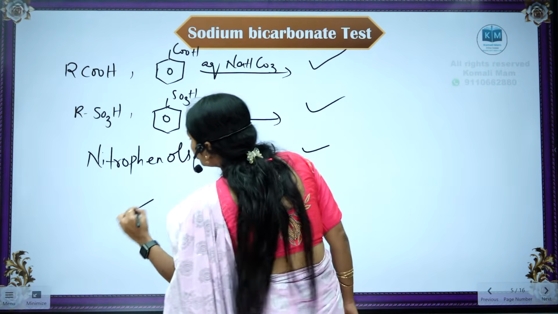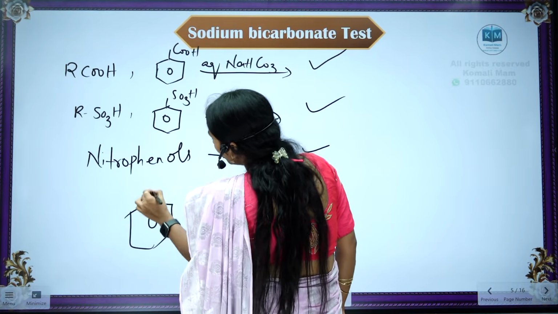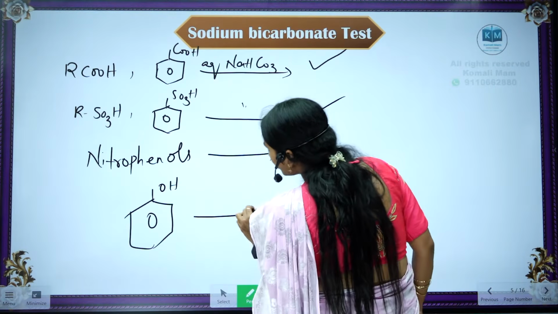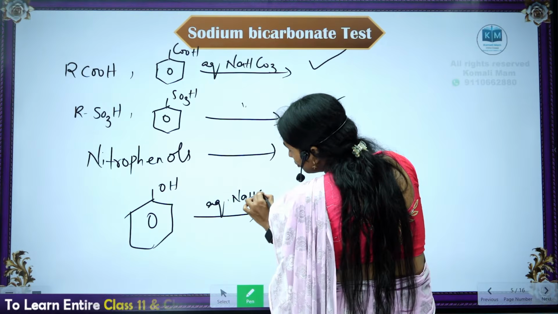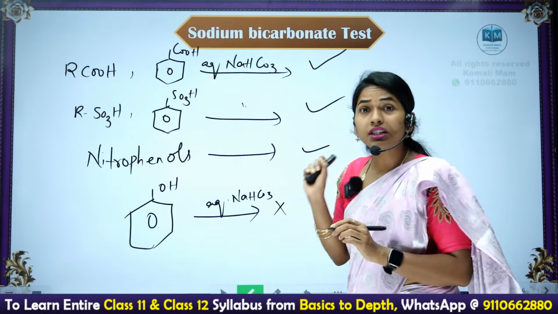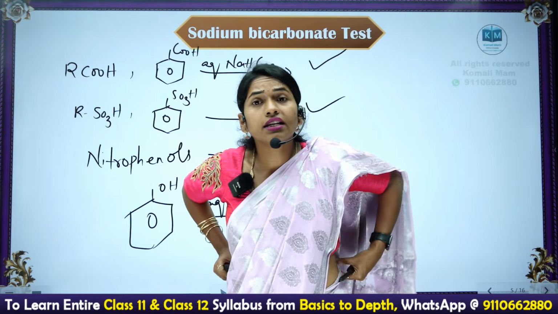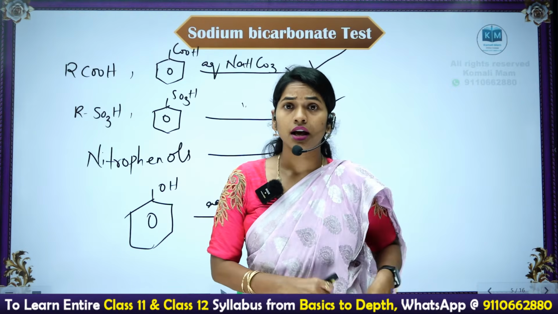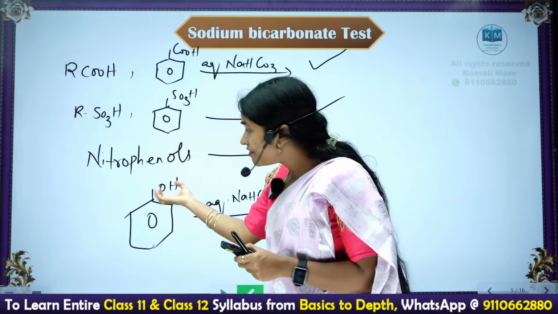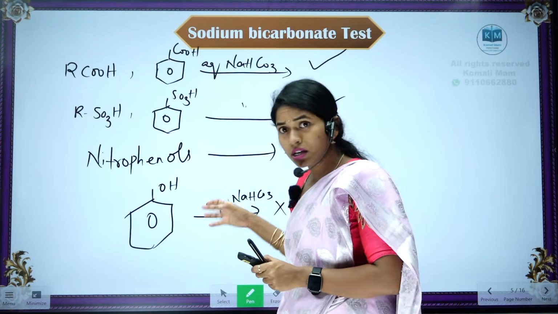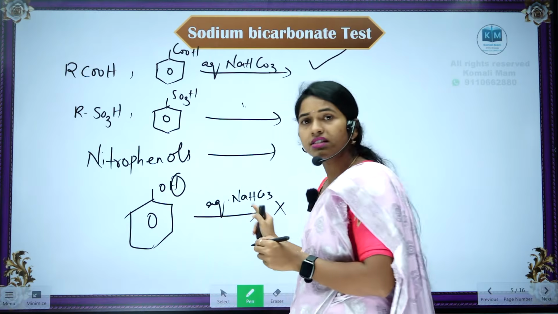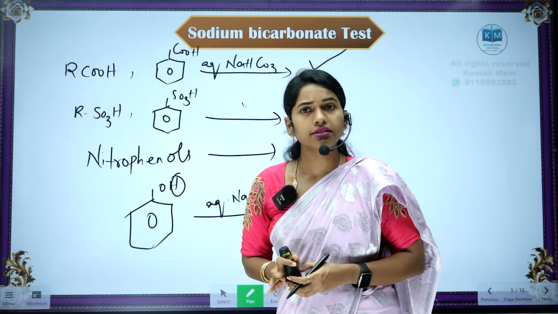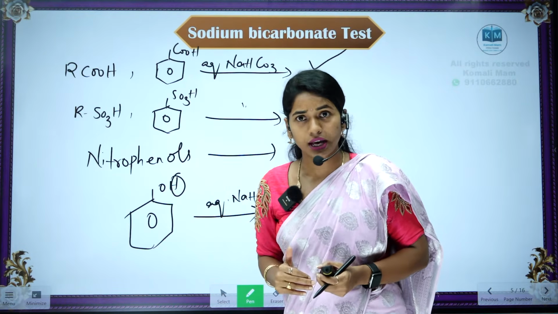But if you take only phenol and you add aqueous NaHCO3, it doesn't give the test. Because this is a weak acid, this is a weak base. This weak base cannot abstract this H plus from this and can't convert it into carbonic acid, and later it cannot release CO2 gas.